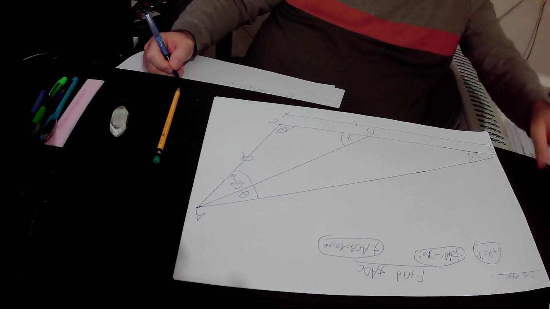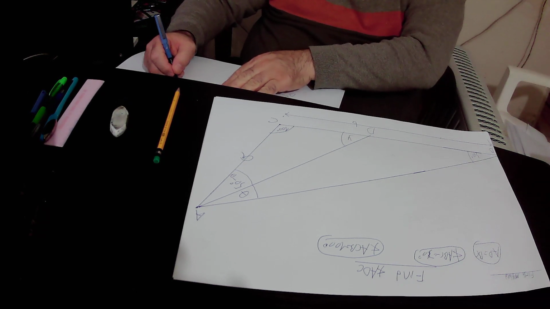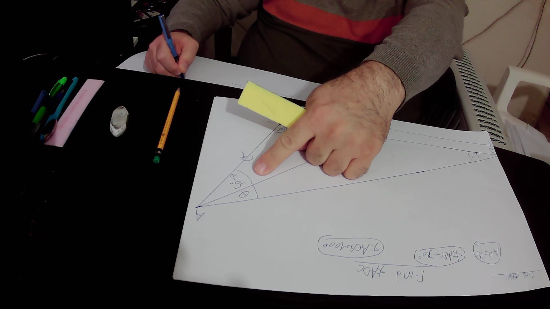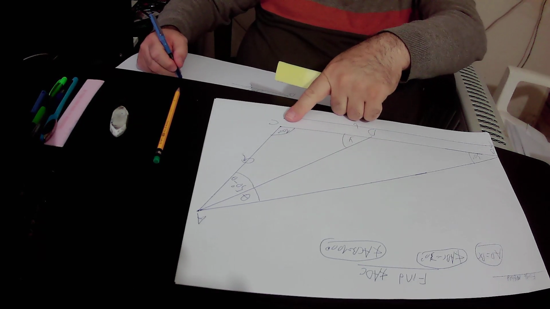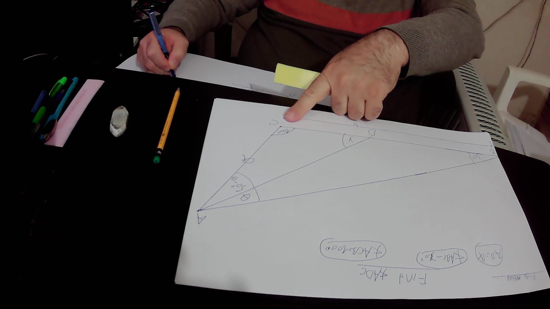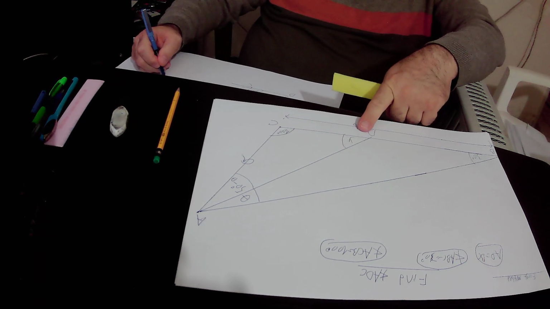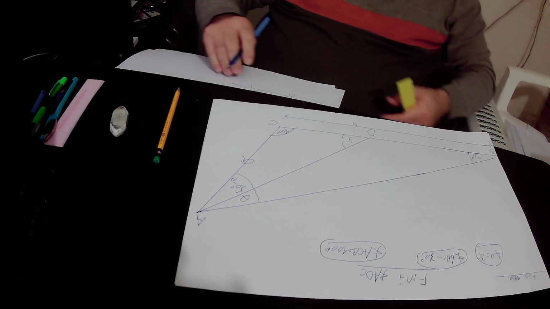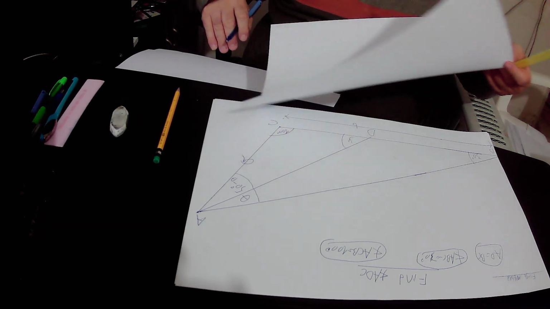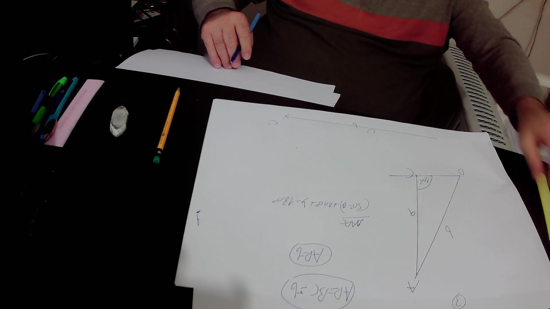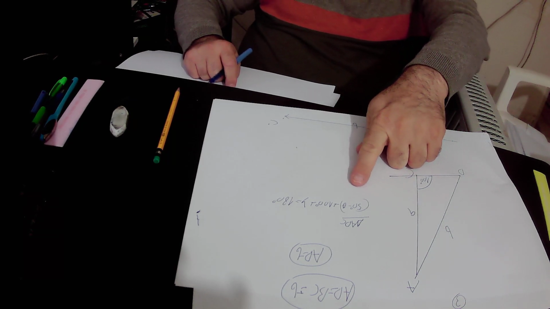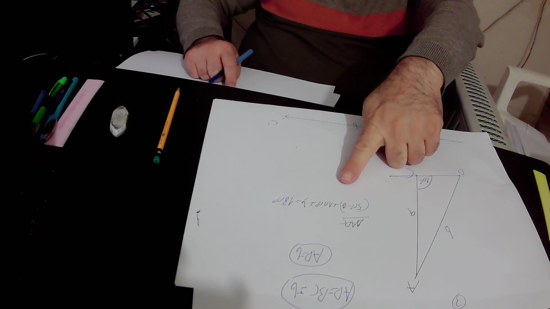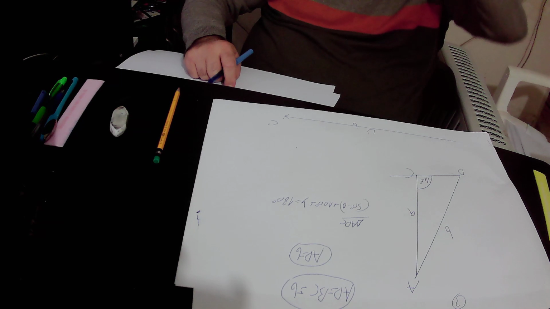This angle is equal to 50 degrees minus theta, plus this angle that equals 100 degrees, plus this angle that is angle Y. In total, those three angles must be equal to 180 degrees. That is to say, 50 degrees minus theta plus 100 degrees plus angle Y must be equal to 180 degrees.